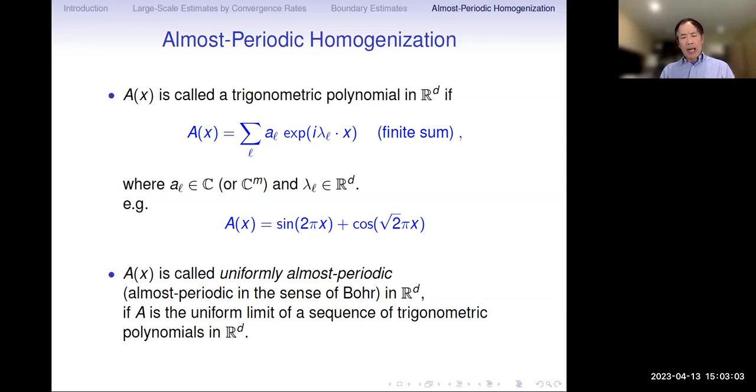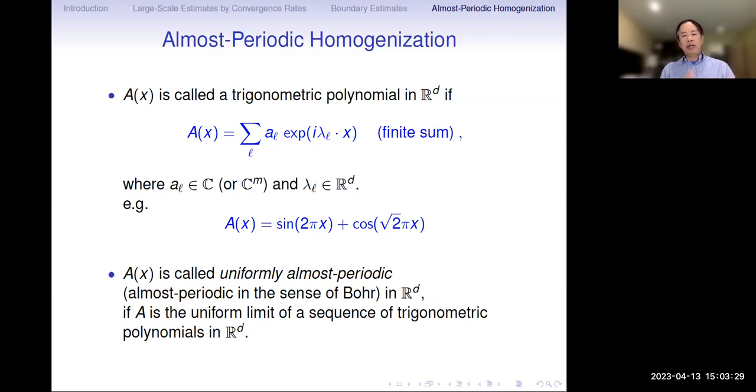Well, you start with trigonometric polynomials. A trigonometric polynomial is just a finite linear combination of exponential functions. The lambda there is just a vector. It doesn't have to be an integer point. And a_l can be any complex number.